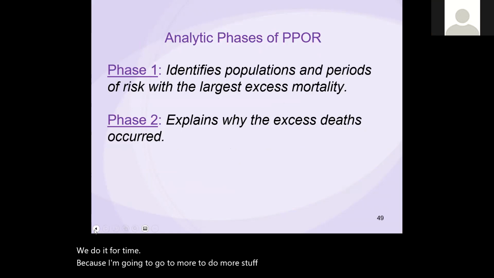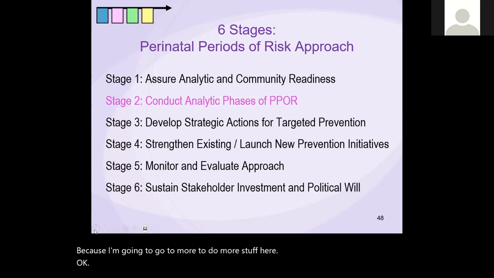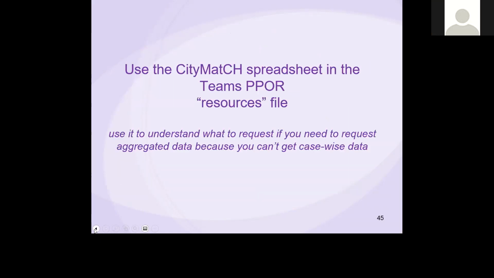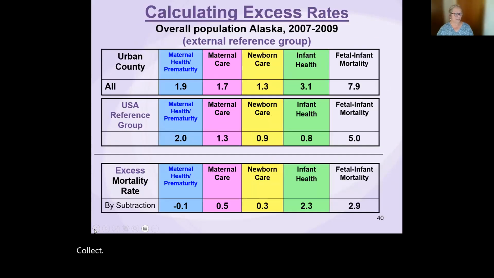Actually, really quick. Okay, this is Sarah. Very early on in the calculations, I was clearly mixing up two of them. So I was wondering if you could walk through that. Going back a couple of slides, with the maternal health prematurity versus the maternal care, just so what the periods of risk mean.